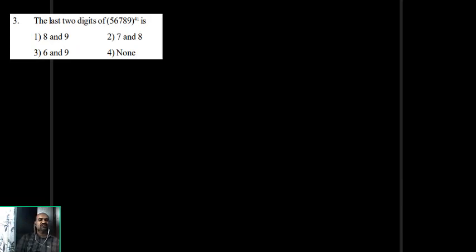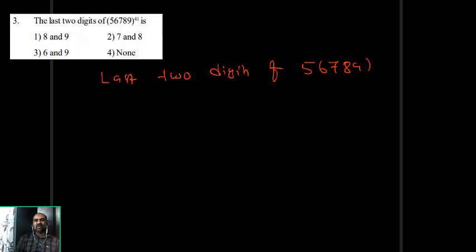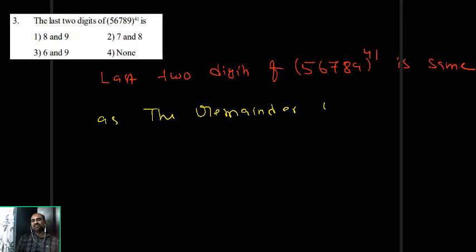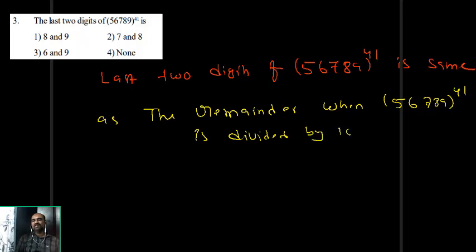Okay. Next interesting question. The last two digits of 5789 power 41 are the same as the remainder when 5789 power 41 is divided by 100.